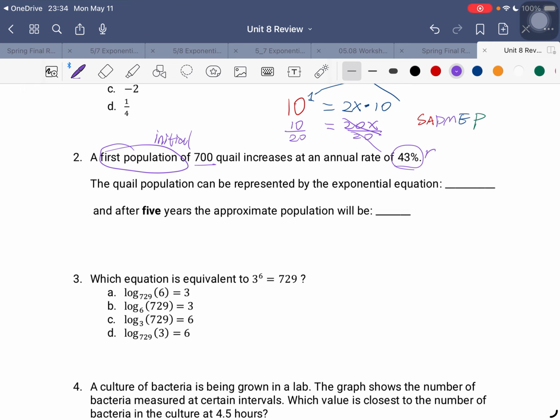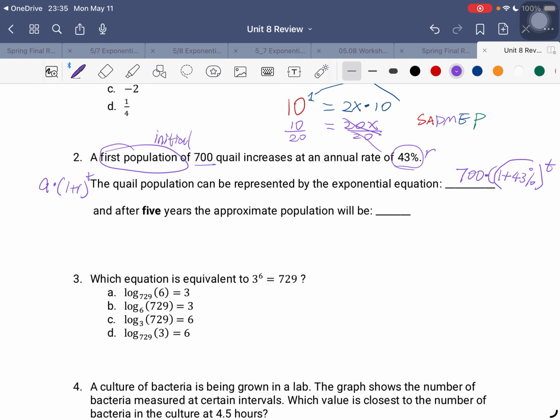For this one, we need to use the exponential equation of initial times parentheses 1 plus r to the power of how many years, which is t. The initial is 700. And then parentheses times parentheses 1 plus r, 1 plus 43% to the power of t.